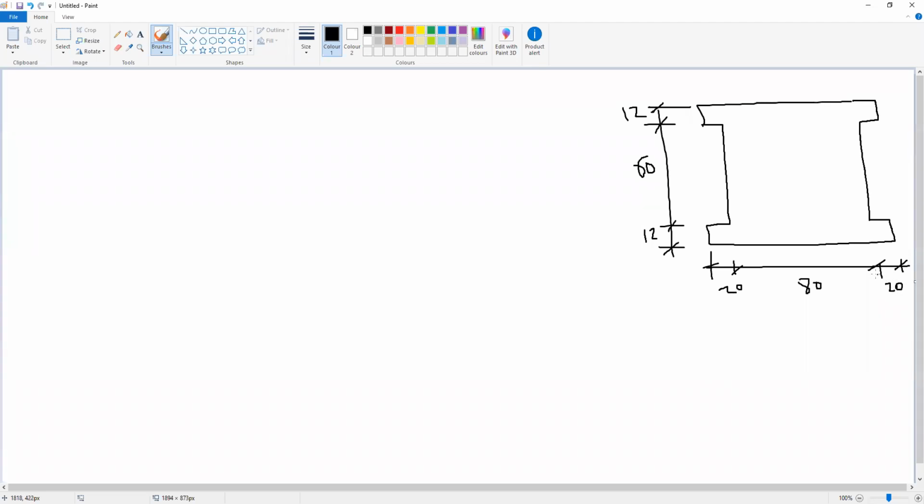Okay, and the applied shear force V is vertical, and given V equal to 15 kilonewton.